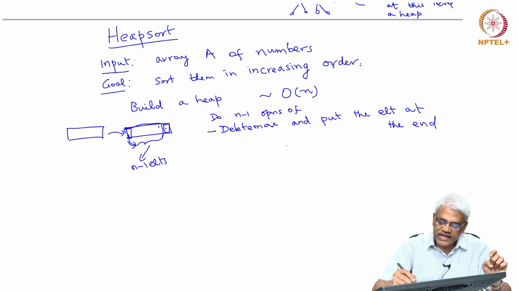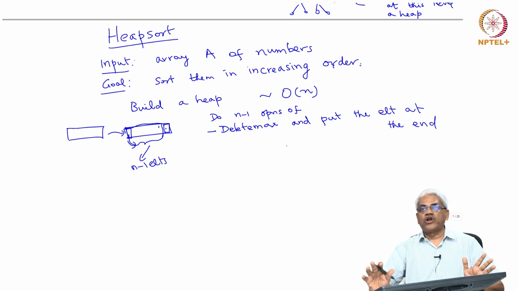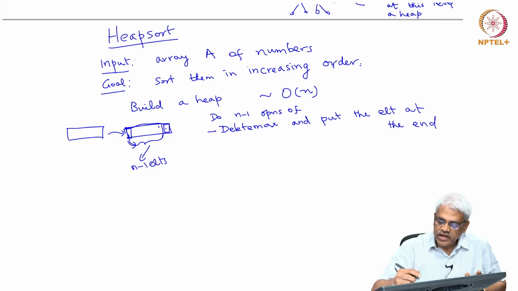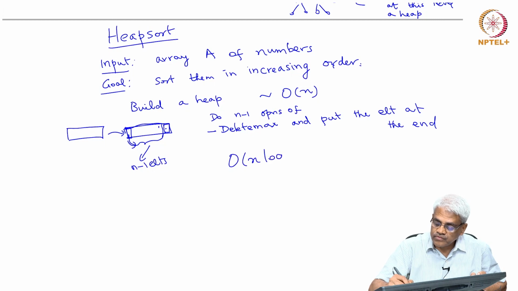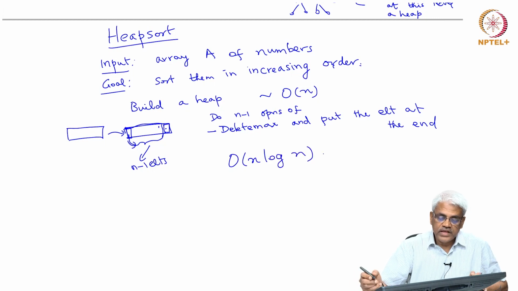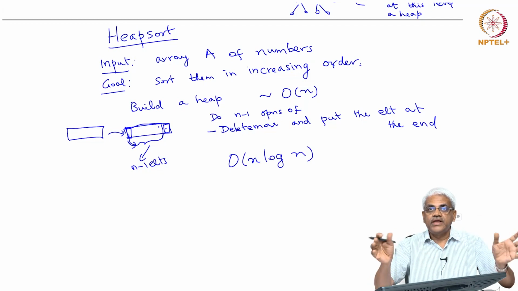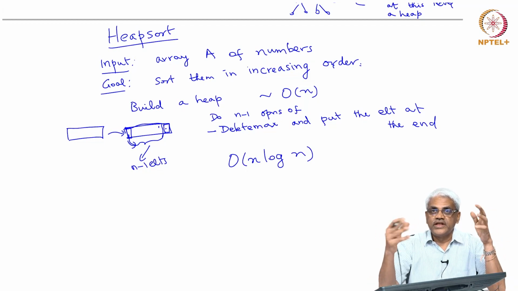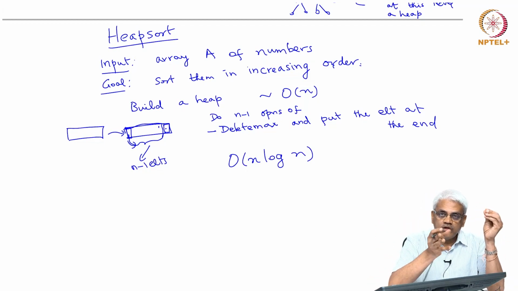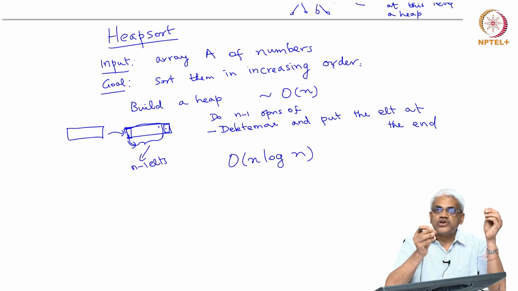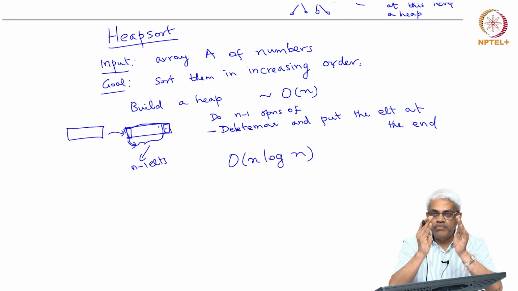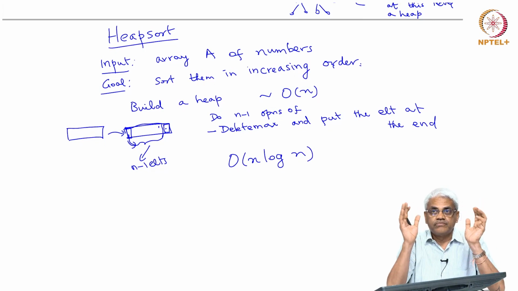Well, each delete max we already argued takes order log n time, and I am doing roughly n or n minus 1 delete maxes. So this overall thing is called heap sort. Build a heap and then keep doing delete max. Once you do a delete max, automatically the heap operation ensures that you have a new heap on the remaining n minus 1 elements, and all that happens in logarithmic time.